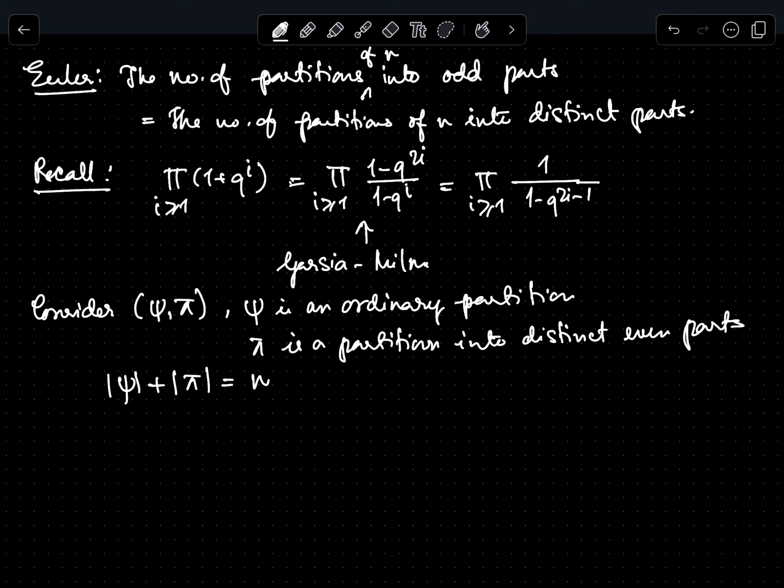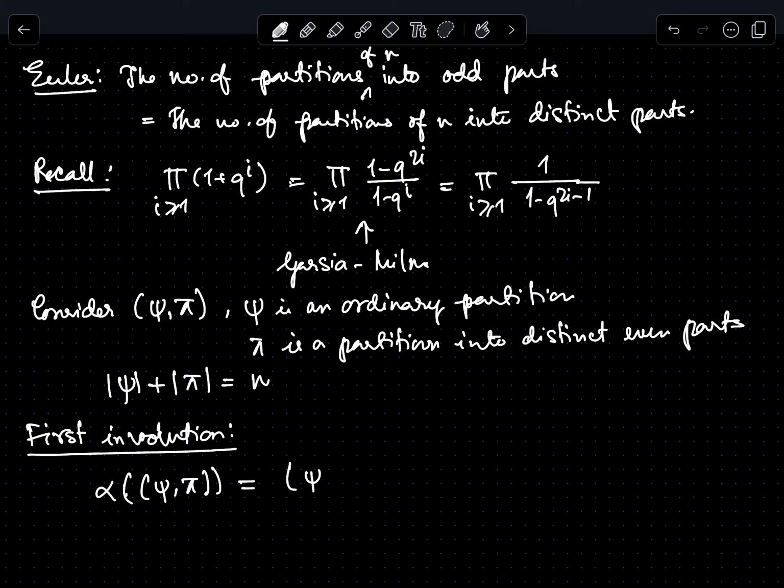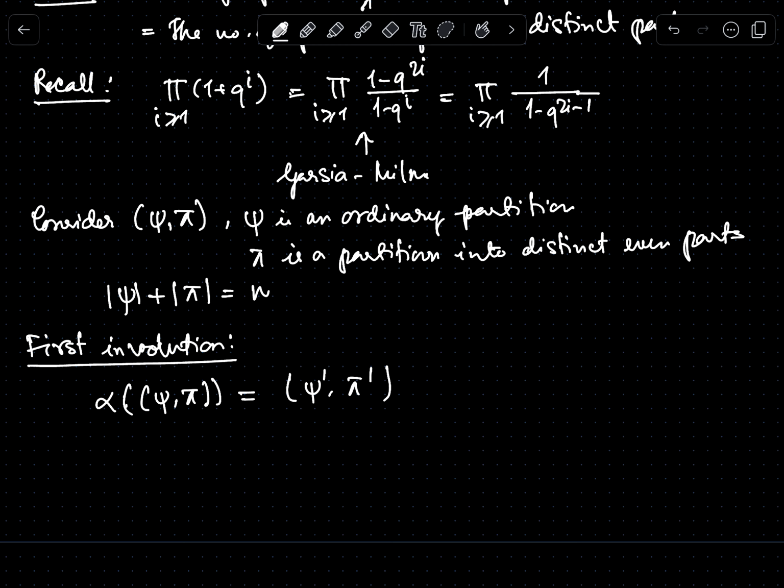Okay. So let's start with the first involution, which we call alpha. So let's say alpha takes some psi and pi, and if alpha acts on that, it takes it to some psi prime, pi prime. Okay. So what are this psi prime and pi prime?